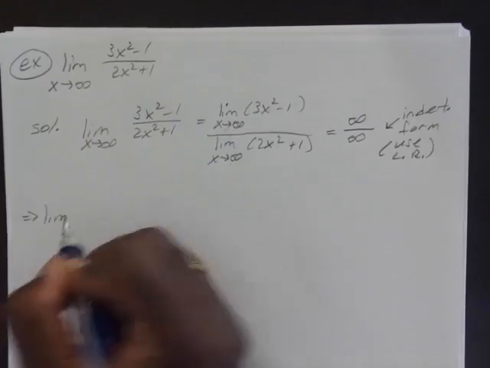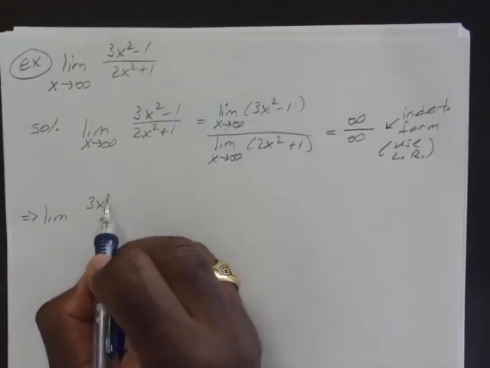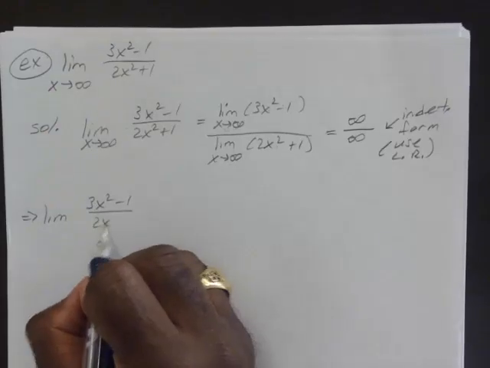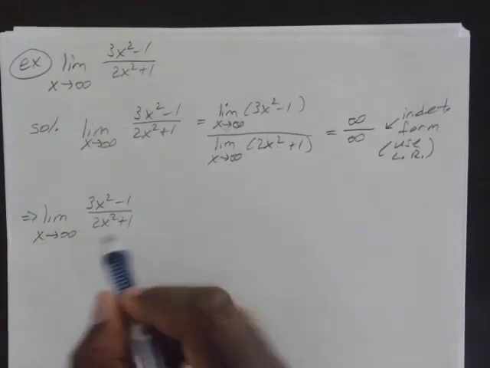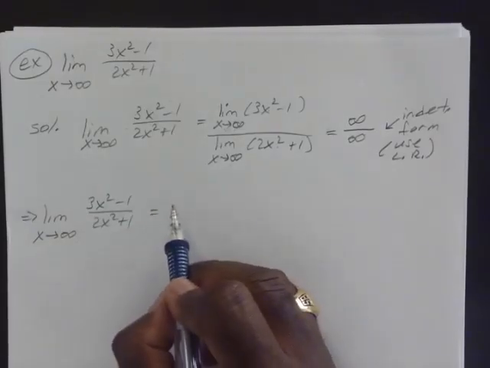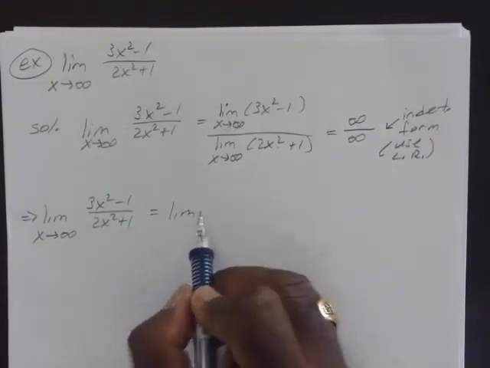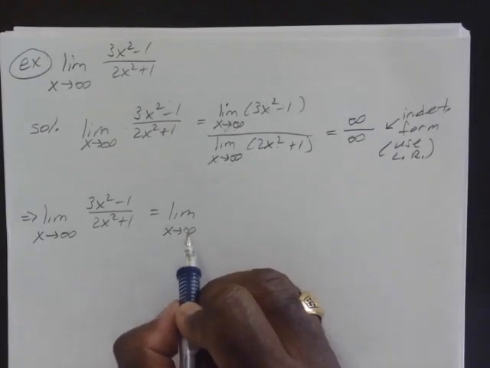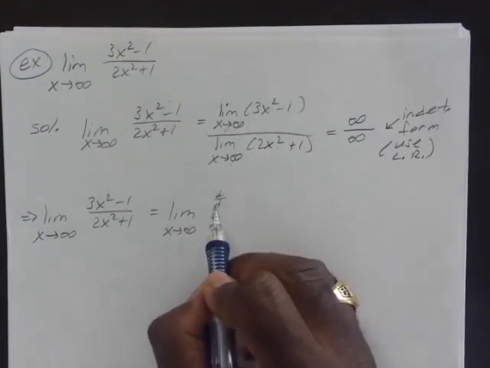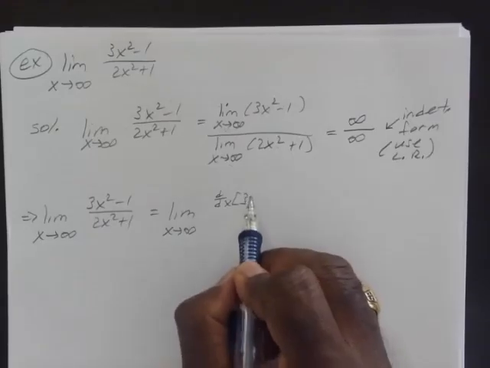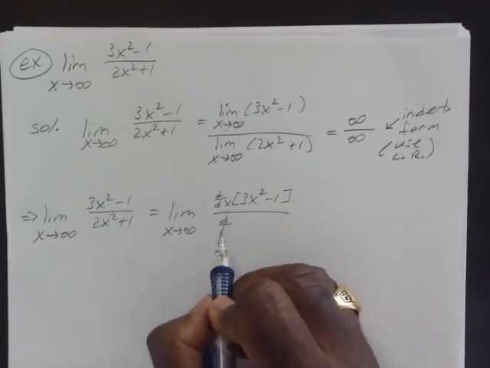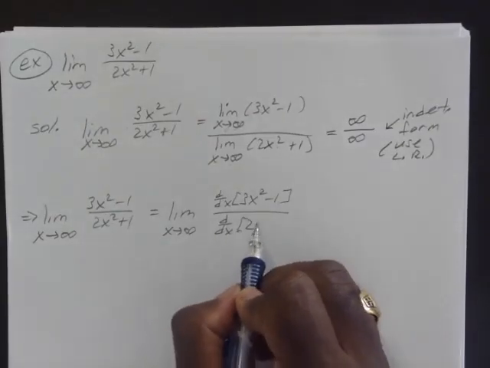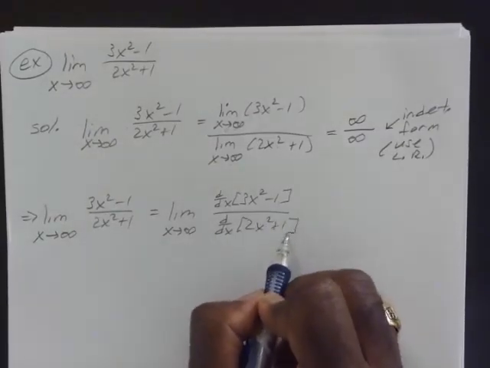So we know that the limit of 3x squared minus 1 over 2x squared plus 1 as x approaches infinity is equal to the limit as x approaches infinity of the derivative of 3x squared minus 1 divided by the derivative of 2x squared plus 1.